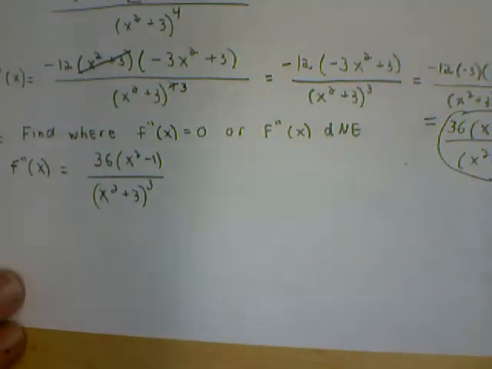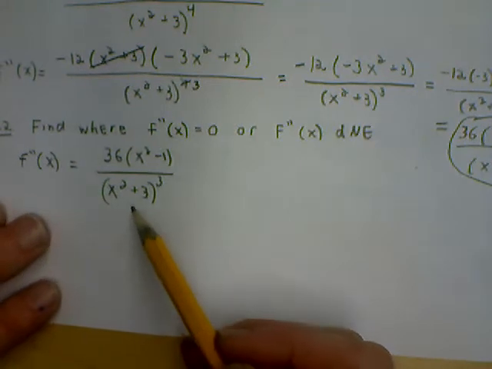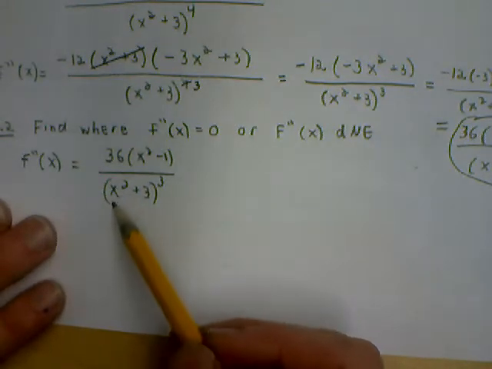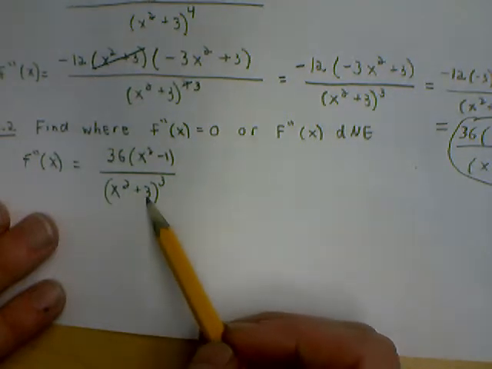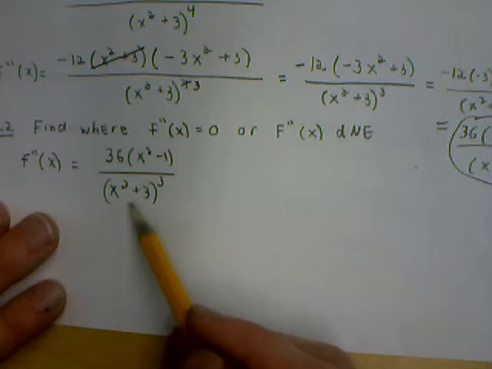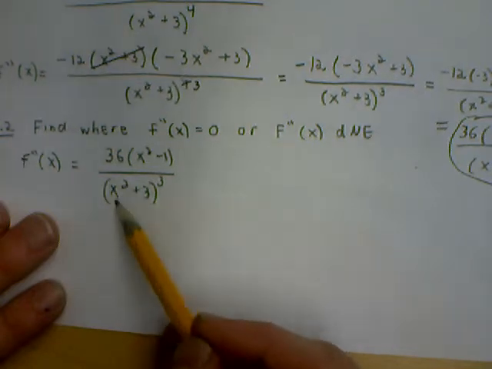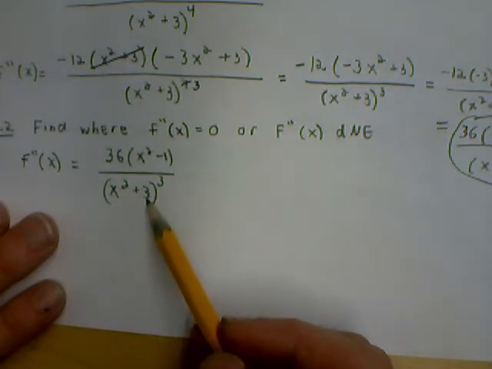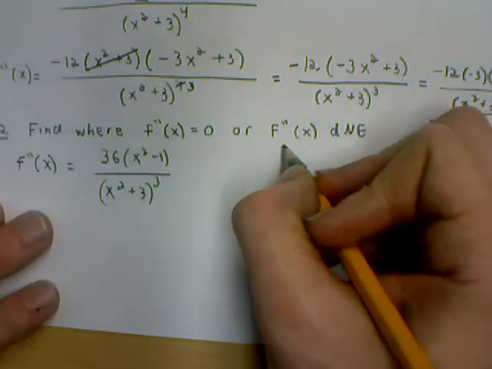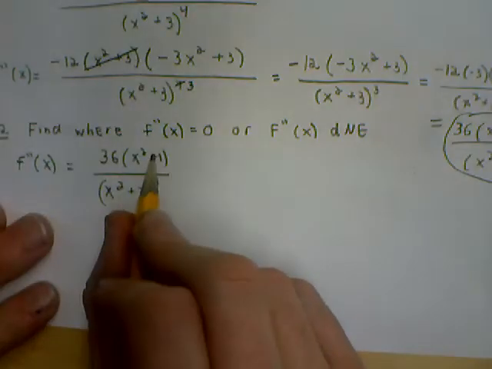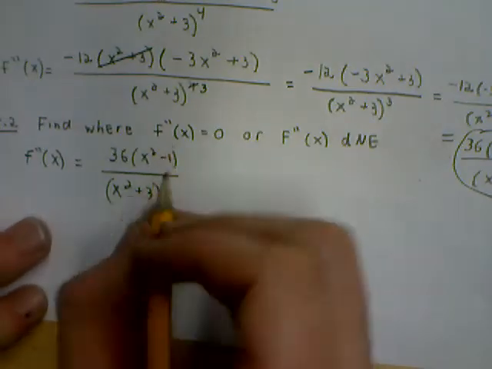If I look at my denominator, there's no x value that's going to make the denominator 0, because I'm going to square something and then add 3 to it. This denominator will always be positive. A number squared plus 3 will always be positive. There is no value that will make the derivative not exist, so that's not going to apply here. But I can find where the second derivative is 0.